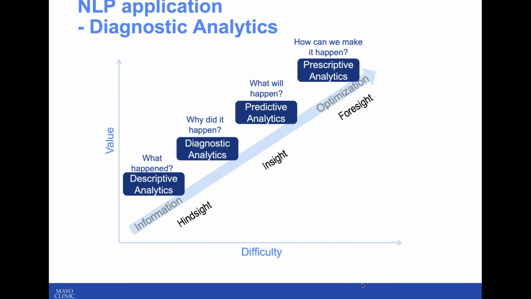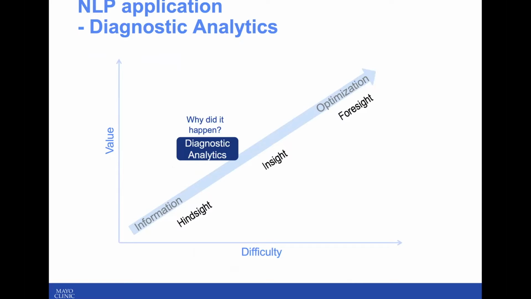The second NLP application is for diagnostic analytics, which is likely disease ascertainment. I'm going to talk about automated chart review, the detection of periprosthetic joint infection using rule-based techniques.